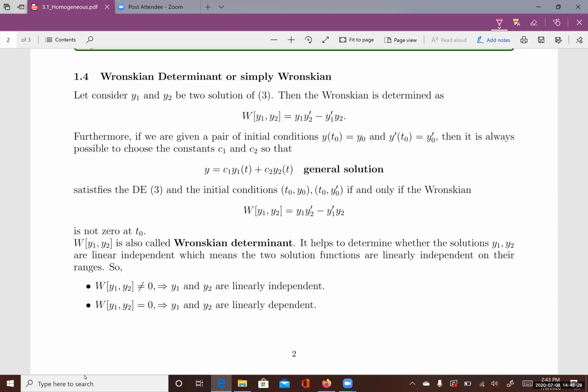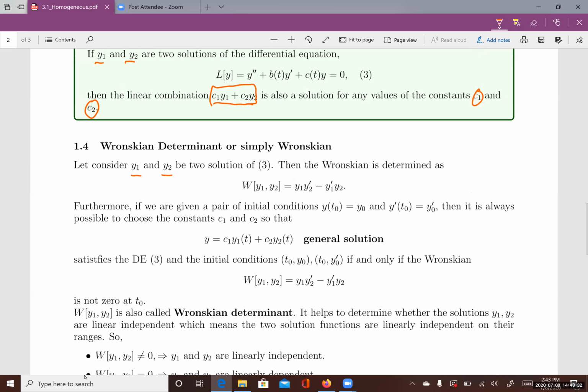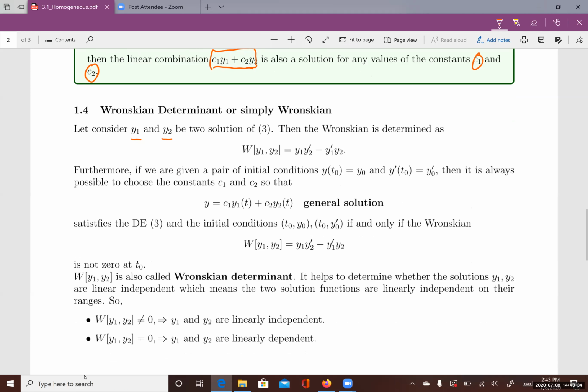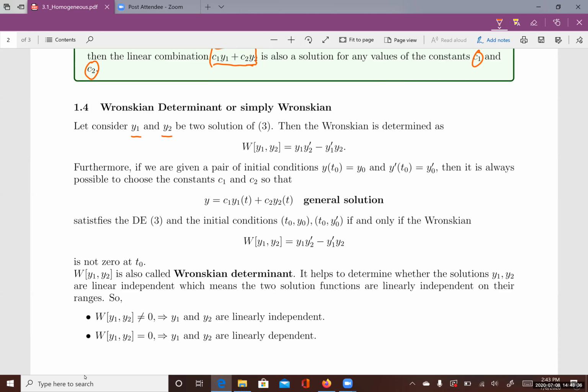If we consider y1 and y2 to be two solutions of the same equation, then the notation for the Wronskian of the two solutions y1, y2 is W of y1, y2, which equals y1 times y2 prime minus y1 prime times y2.